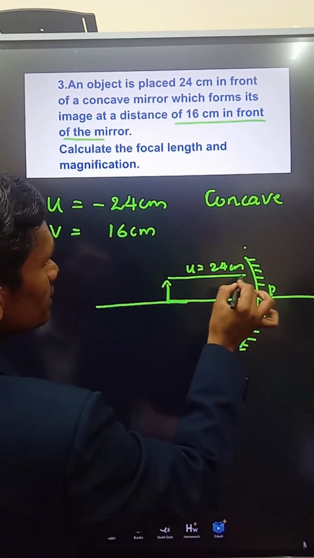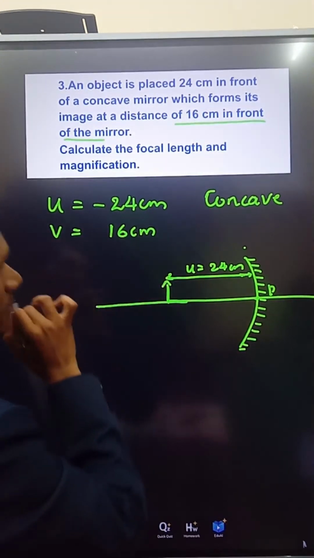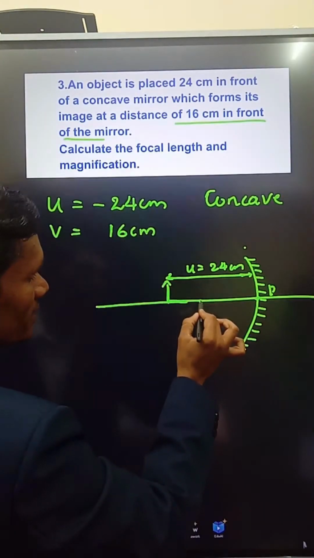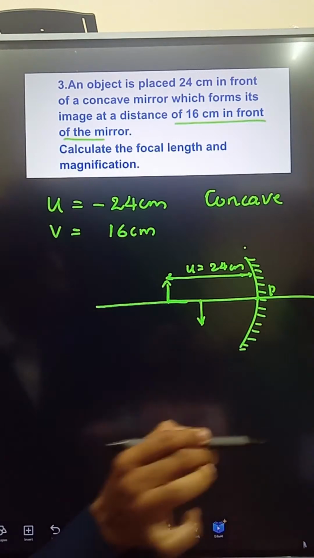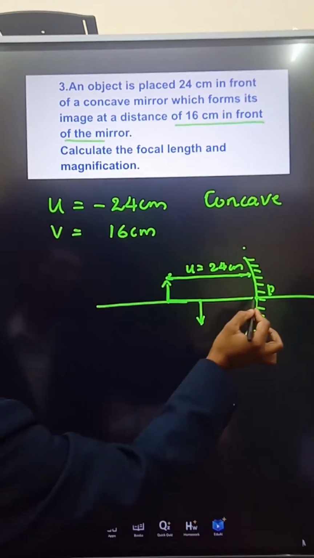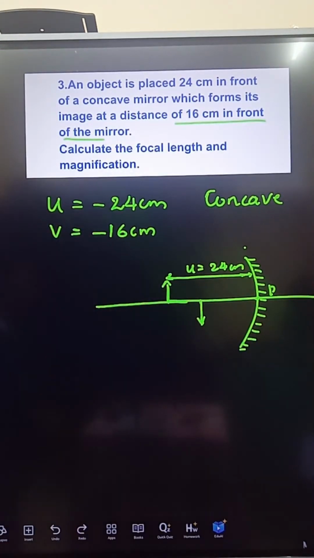And the image is formed 16 centimeter before the object, coming here somewhere. Now, it is also coming to the left side of the mirror, so you have to take a negative value for that also, right? I hope you are getting it.